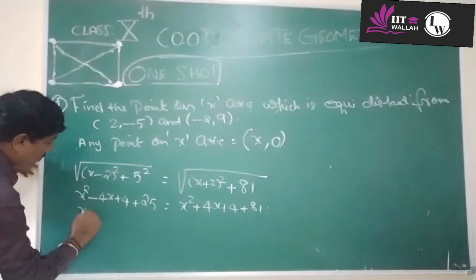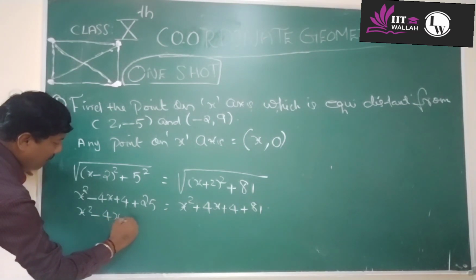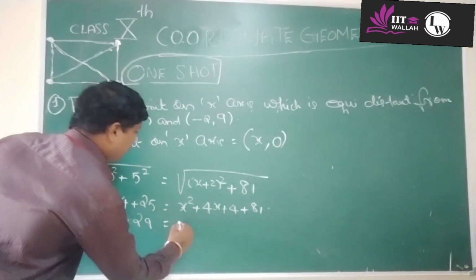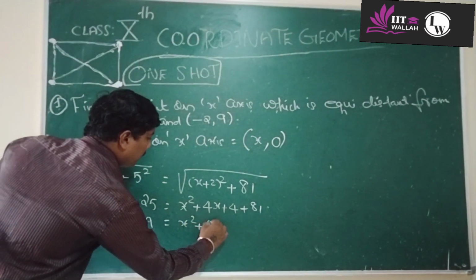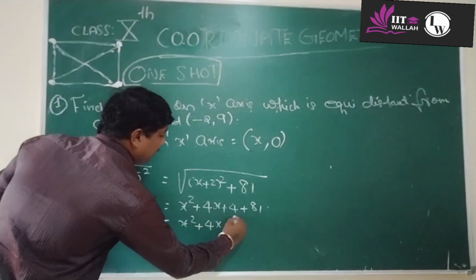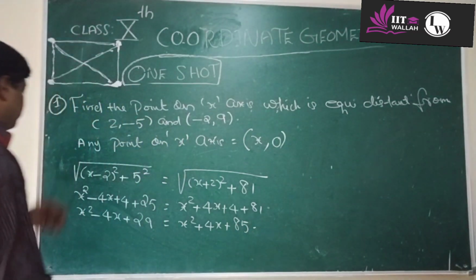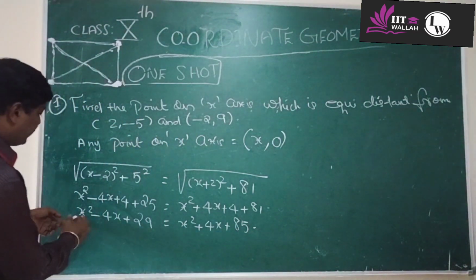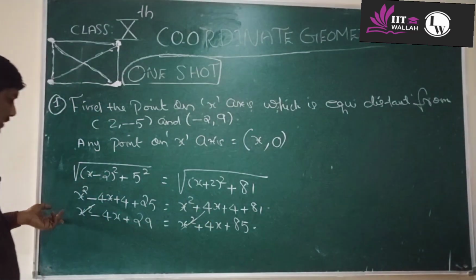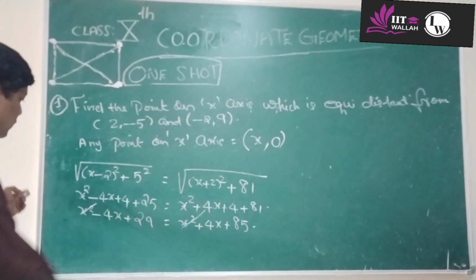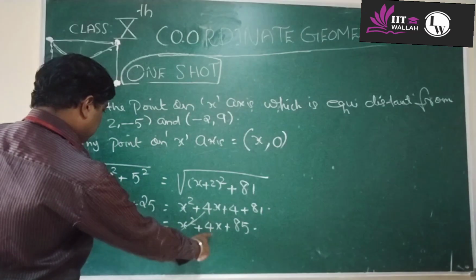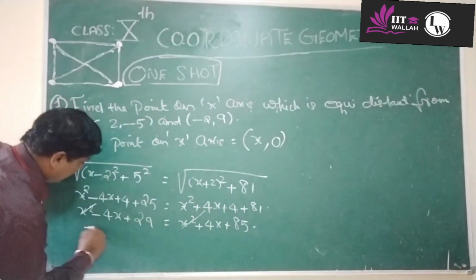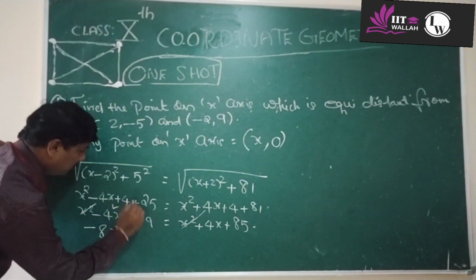Now x square minus 4x plus 29 is equal to x square plus 4x plus 85. Okay. Here x square is common, so you can cancel. Take this 4x here: minus 4x minus 4x is minus 8x. So this also done.